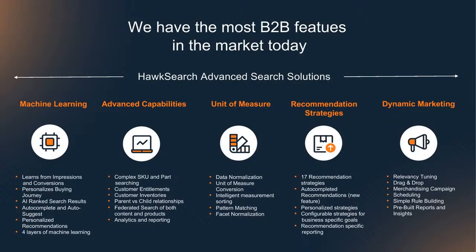What I mean by that is you can create shopping experiences for, say, a government contract versus one of your larger customers. They might have a certain brand that they like. They might only shop in a certain region. They might have distinctive jargon. There are all these capabilities in the marketing component of HawkSearch, which doesn't require any code. You're not reliant on an IT person to implement these changes.